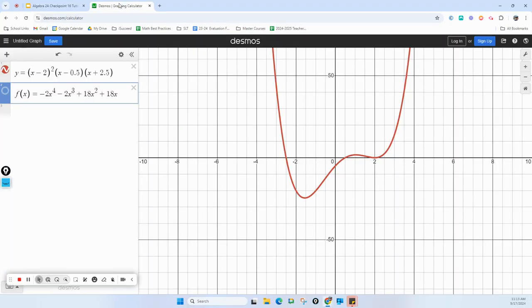Positive and negative intervals, I want you to think about as if this was like a hiking trail of some kind, and you are walking along the graph. If you are walking along the graph, starting on the left, moving to the right, reading the graph left to right, just like we would read in English, which direction would we be going? Well, I'd be heading down, right?